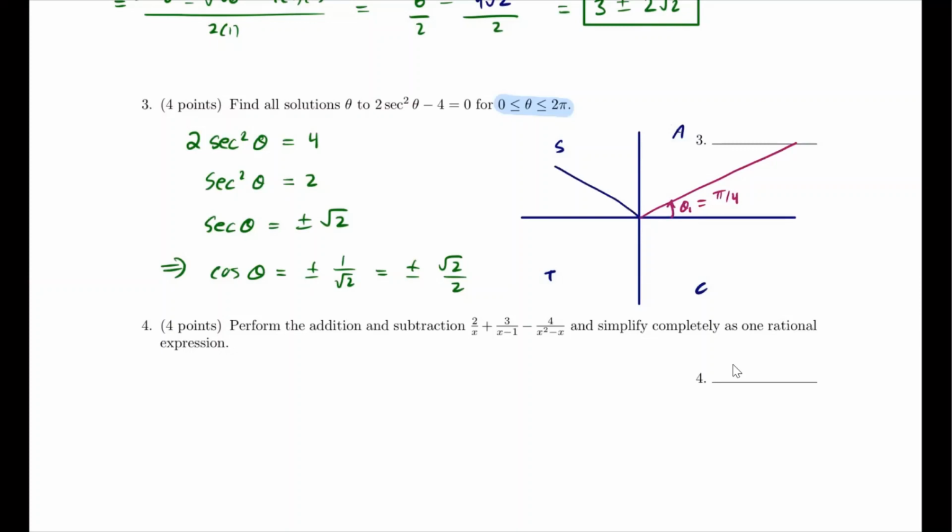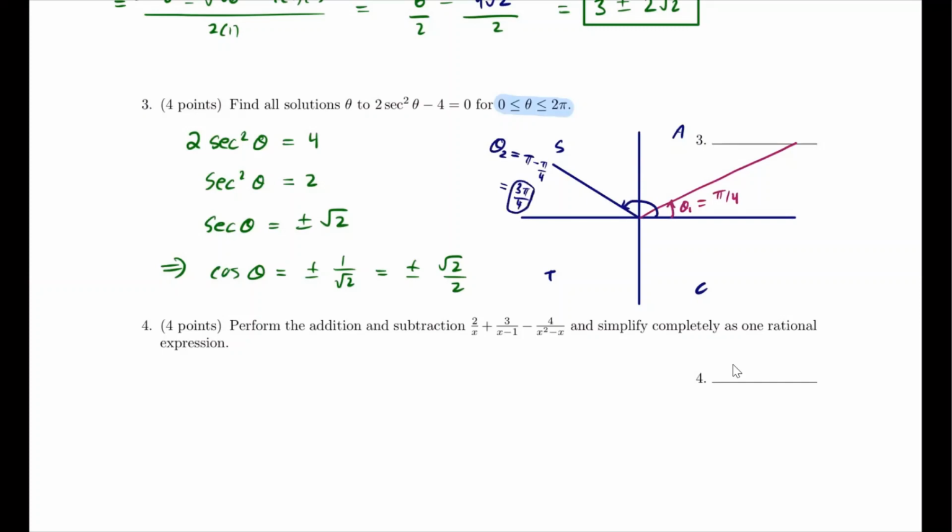In the second quadrant, we want this angle right here. So this will be theta 2. Theta 2 has to be pi minus the reference angle. So that would be the next angle, which will also correspond to cosine of negative square root of 2 over 2, because cosine is negative in this quadrant. So this theta would be 3 pi over 4. So that's our next solution.